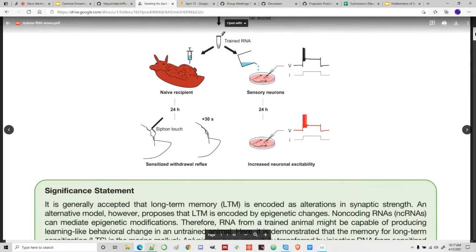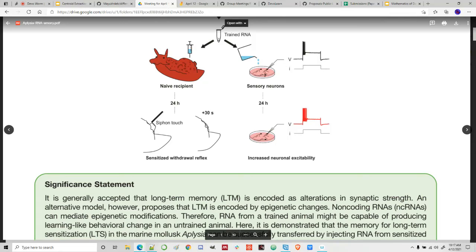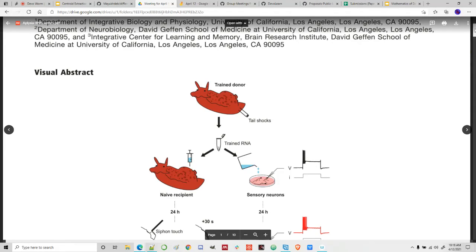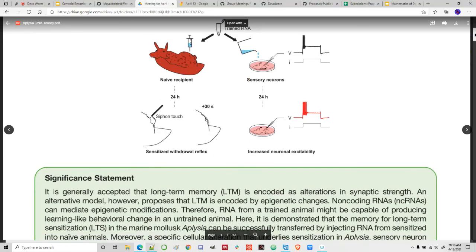Or actually, they're doing it in a dish as well, so they're doing it in a sea slug, and they're doing it in culture. And so they're able to show that the RNA is responsible for transferring the memory instead of something like experiential learning, where they're interacting with their environment.